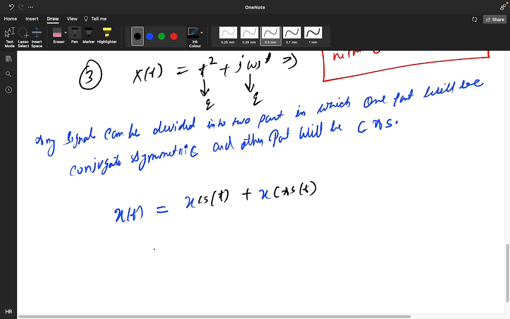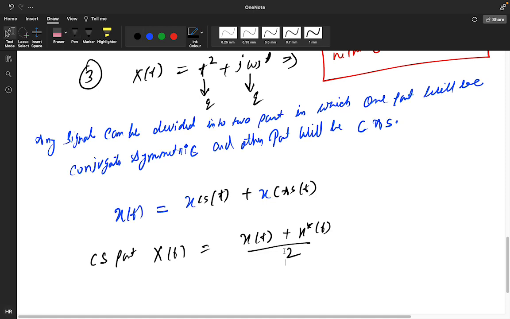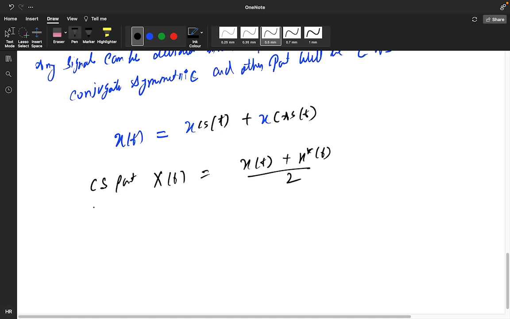For finding the conjugate symmetric part of x of t, what we do is x of t plus x conjugate of minus t divided by 2. And for finding the conjugate anti-symmetric part of x of t, what we do is x of t minus x conjugate of minus t divided by 2.